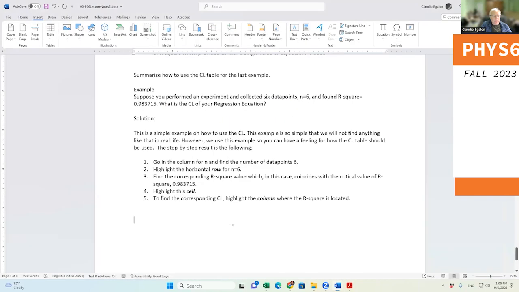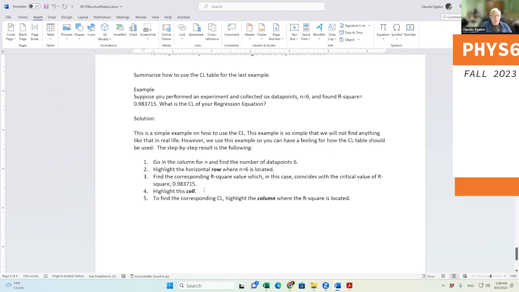Okay, so here go to the table and find the number of data points. Highlight the horizontal row where n equal to 6 is located, right?